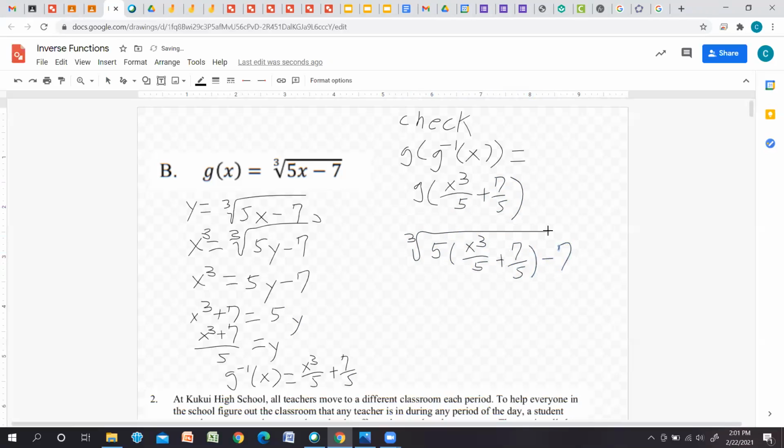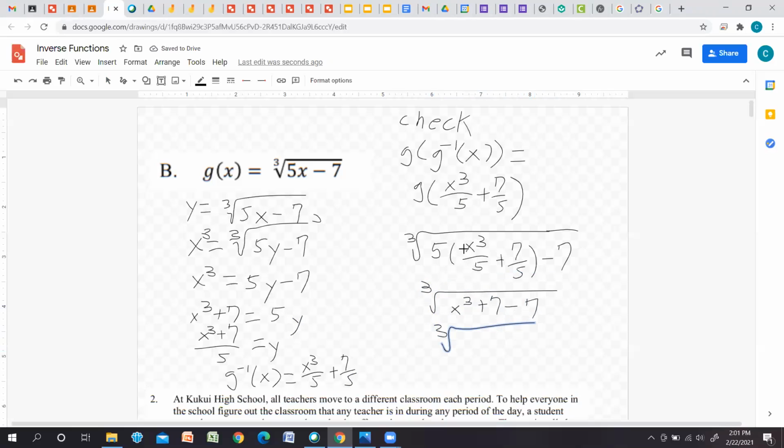Minus 7, and that's under the cube root. So first I'm going to distribute the 5. I have cube root of, let's see, distribute the 5. I get x cubed plus 7 minus 7. 7 minus 7, of course, cancels out as 0, because these are inverse operations.